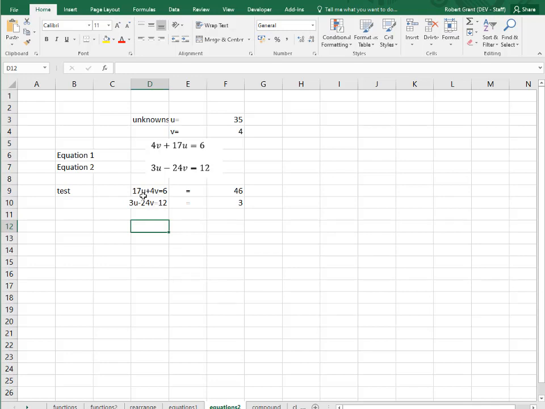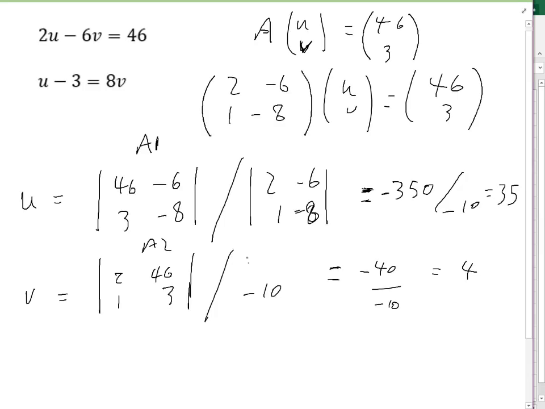So 17u plus 4v is 6, 3u minus 24v is 12. Okay, let's just take that to the whiteboard.